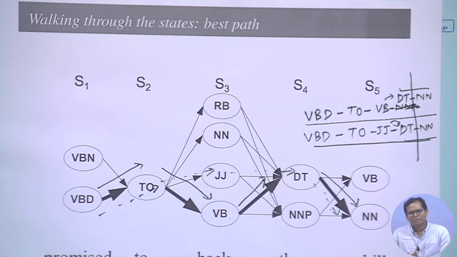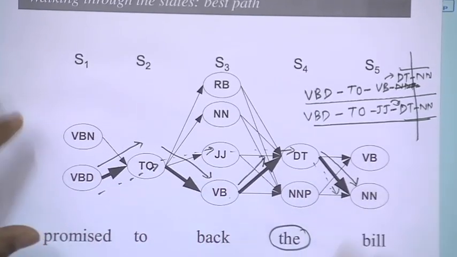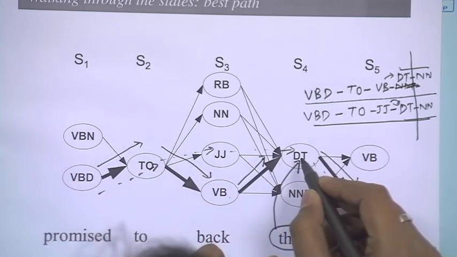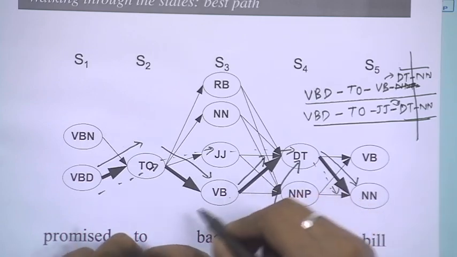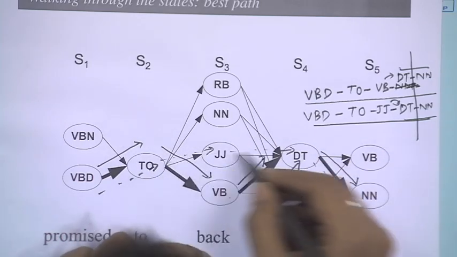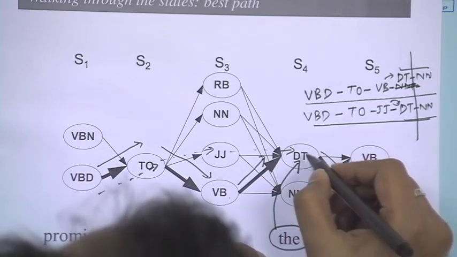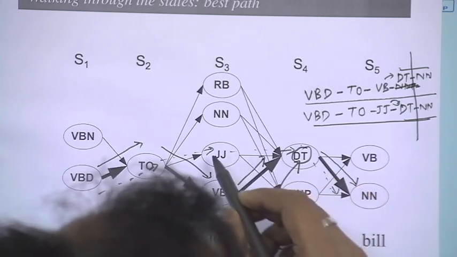Let us suppose that at this point I can store, for the tag DT, what is the best way of arriving at DT? Is it via this path or is it via that path?